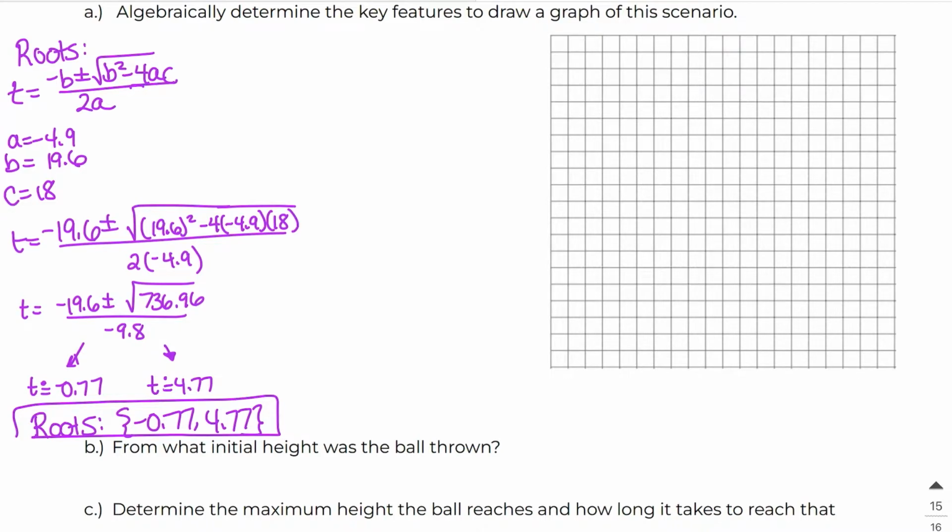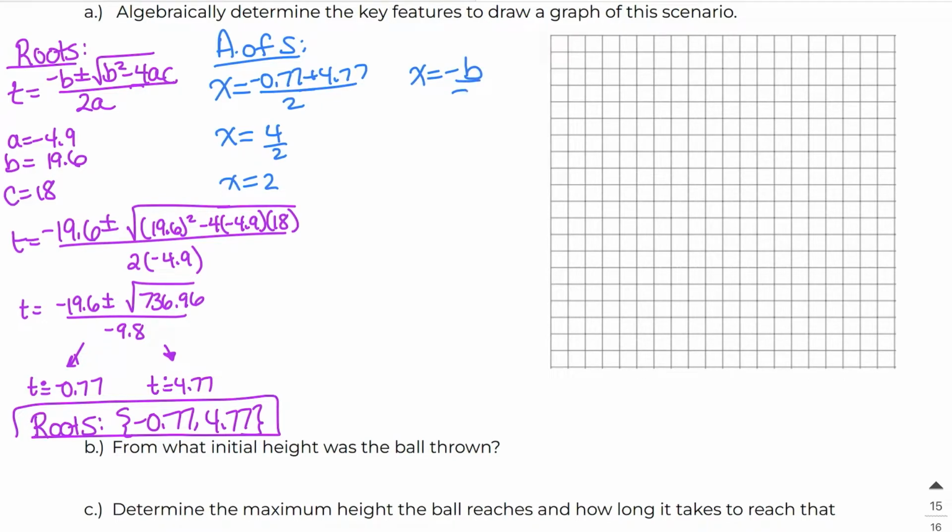Okay, now we want to find the axis of symmetry. We've got two options to find the axis of symmetry. Our first option is to just average our roots. So I could take negative 0.77, add 4.77 to that, and then divide that by 2. So here I would get 4 over 2, which is 2. Or I have another option of using the formula x equals negative b over 2a.